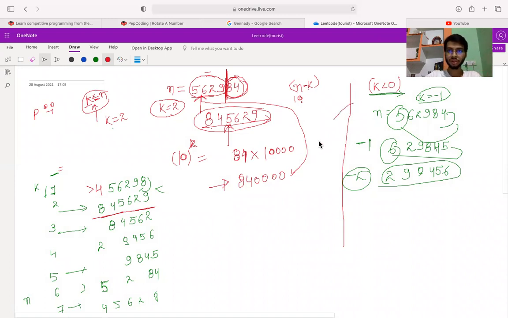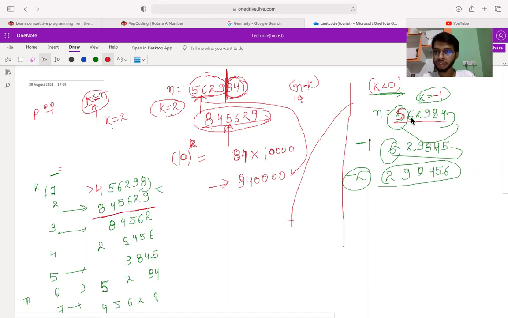For example, if the value of k is -1, I am just left shifting each of the values of my input.